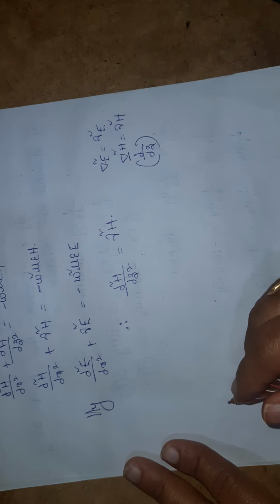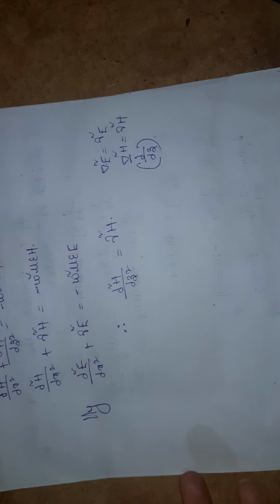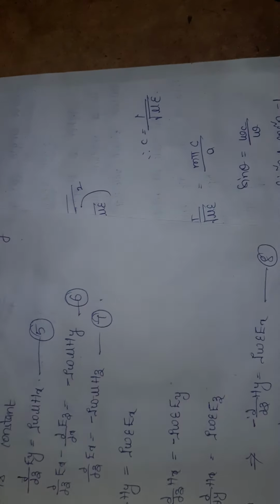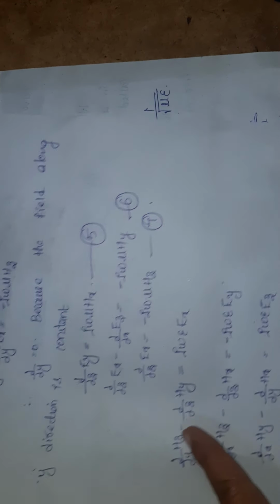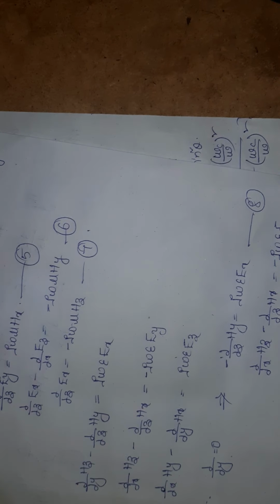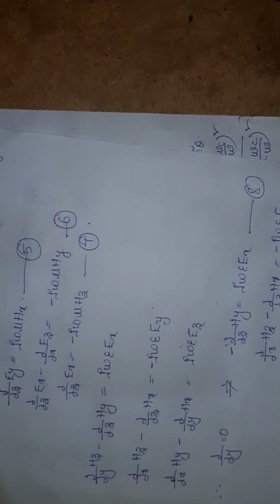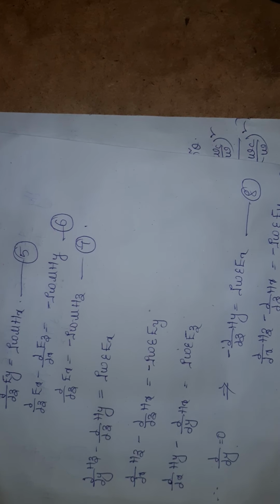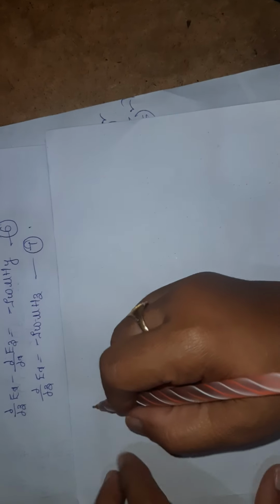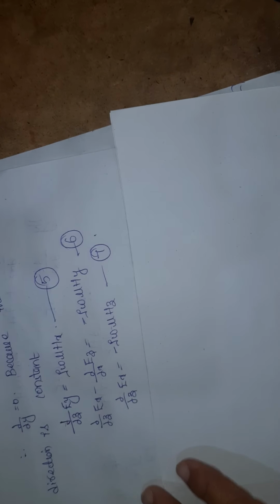Now, if I consider expression 5, next in the derivation you have to consider expression 5, that is dou by dou Z of Ey.